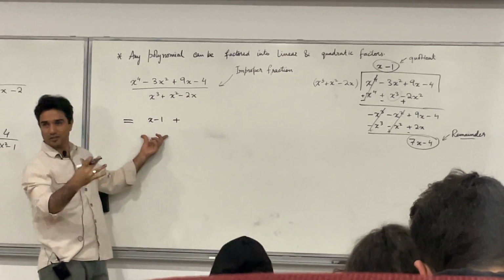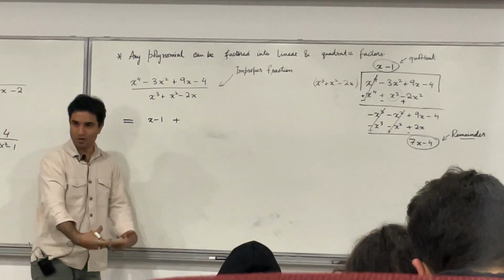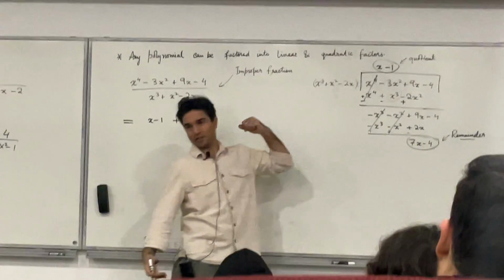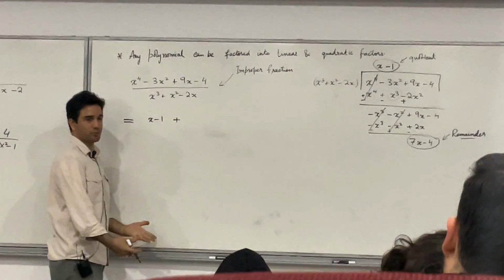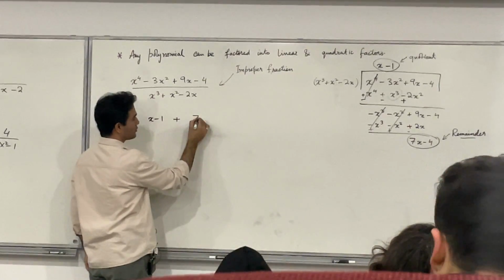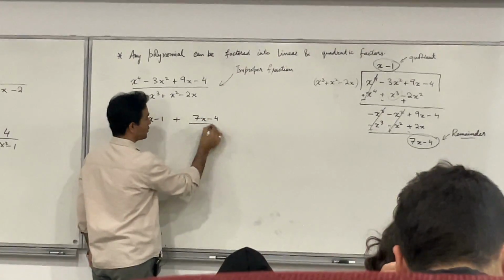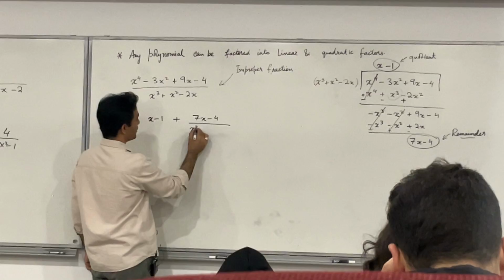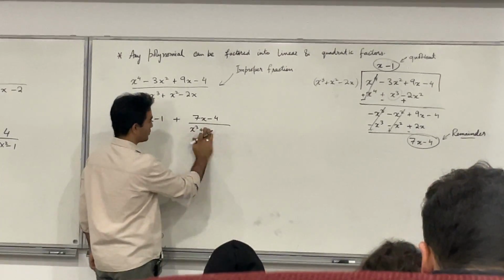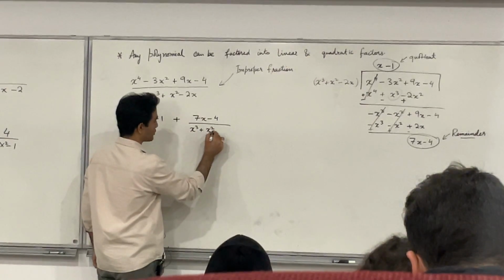The quotient is separate with no denominator, and the remainder is still over the denominator that it was over before. So we have 7x minus 4 over this x cubed plus x squared minus 2x.